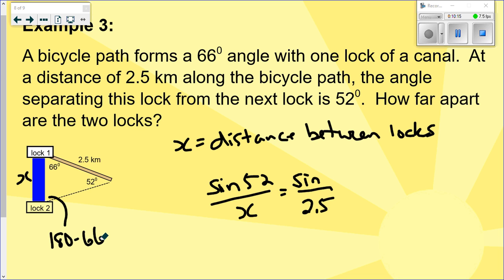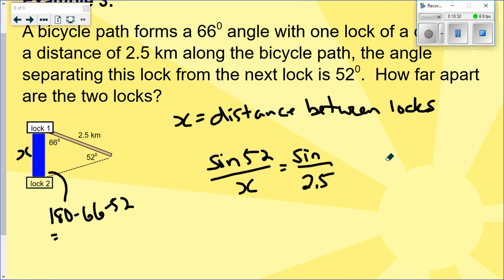I'm just going to solve for it. Now I have all the information that I need. So sometimes you're going to have to solve for that third angle in order to solve the question.